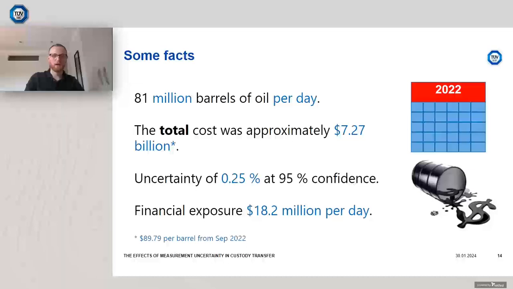If the uncertainty in the amount produced, based on the flow meters used, is 0.25% at 95% confidence, that gives a financial exposure of £18.2 million per day, which isn't an insignificant amount of money. So what this means is that you've got 95% confidence that you won't be exposed either way, greater or less than £18.2 million per day. Essentially there's a 1 in 20 chance that it might be more or less than 18.2 million.